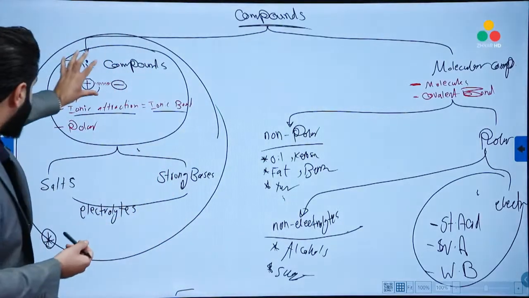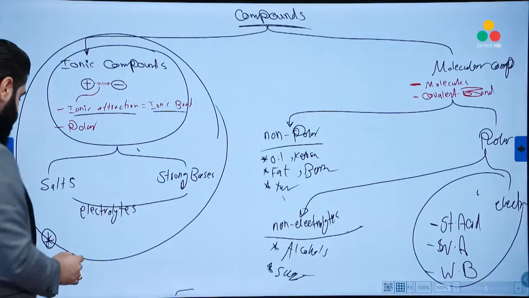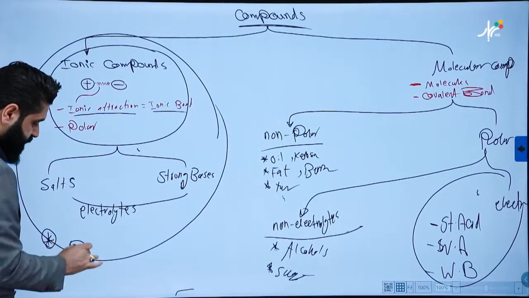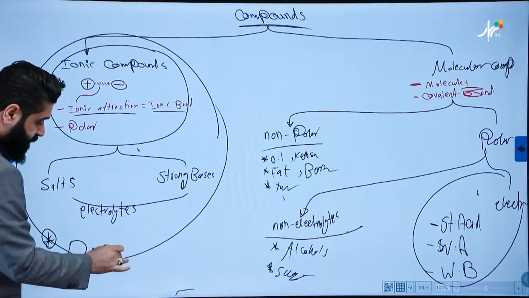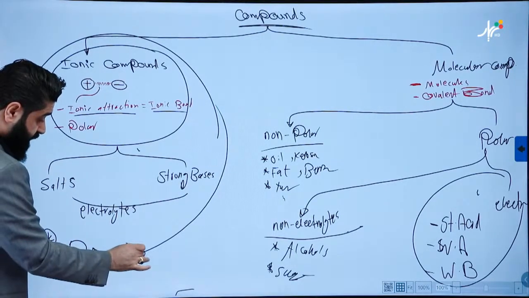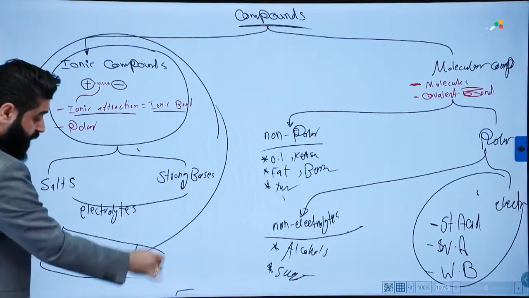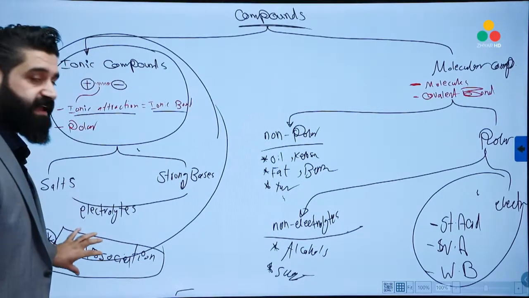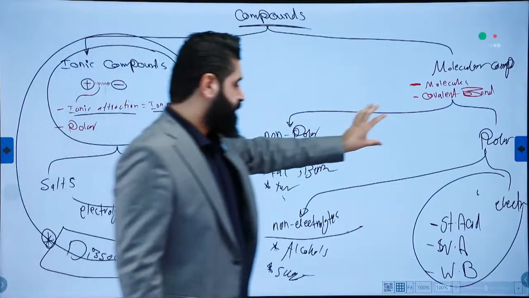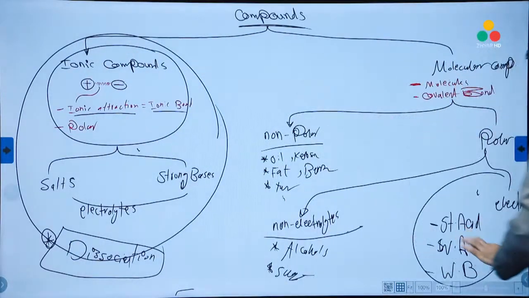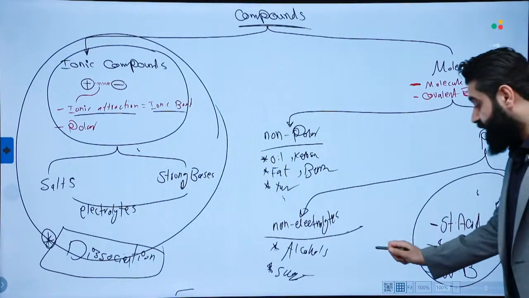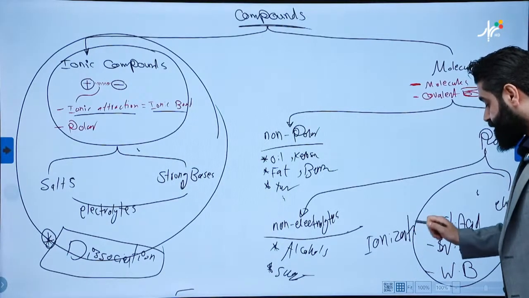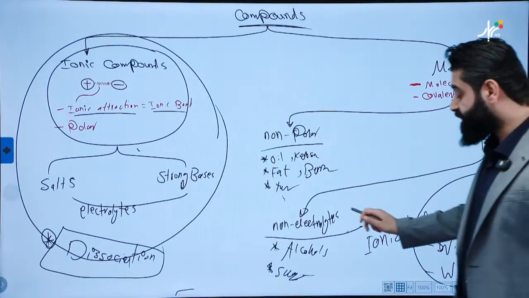After the dissolution of the ionic compounds, there will be a reaction called dissociation. So they dissociate. Ionic compounds are dissociated in water, but the polar molecular compounds that are electrolytes ionize, which is called ionization. How about here?